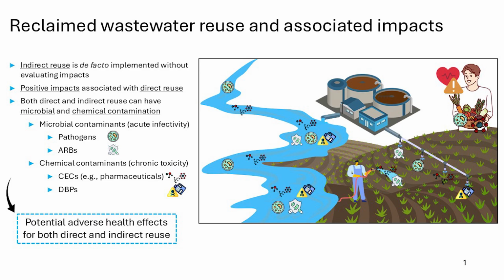There's many positive effects to direct reuse, and especially in this case, because in the EU, the water's not just treated, but it's highly disinfected, sometimes using UV, and then it's discharged into a canal.